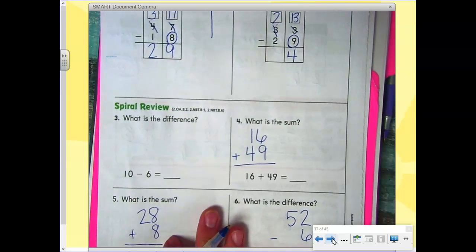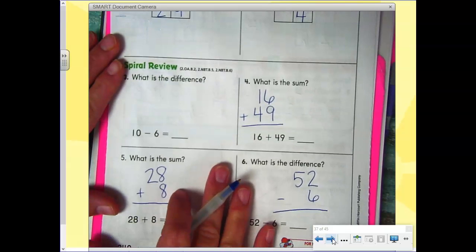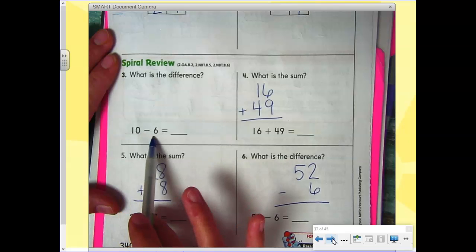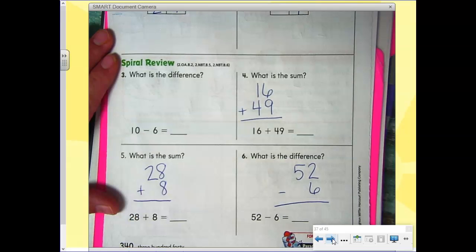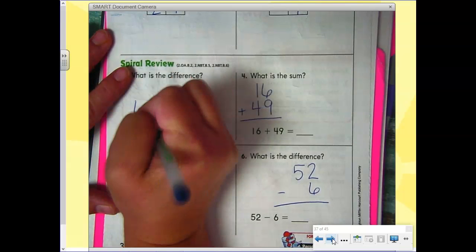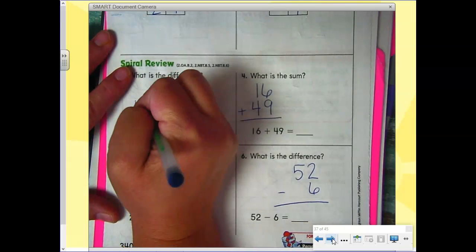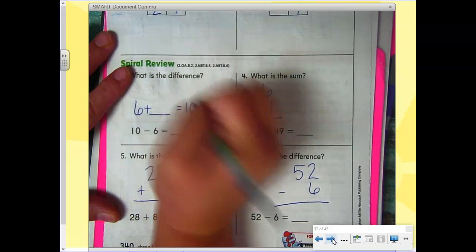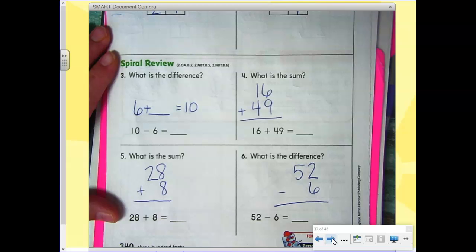All right. Now, review. 10 minus 6. We can say 10 minus 6, or I could say 6 plus what number equals 10. I can use a related fact.